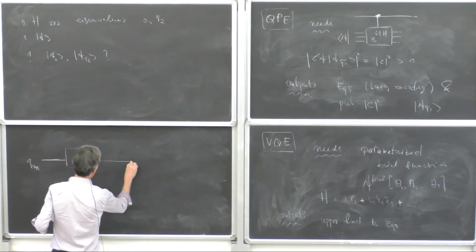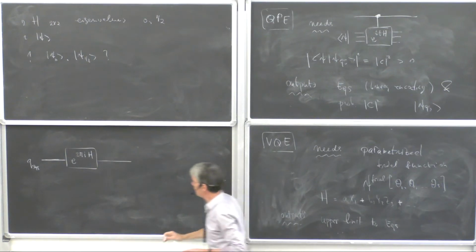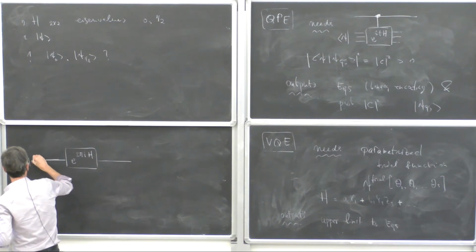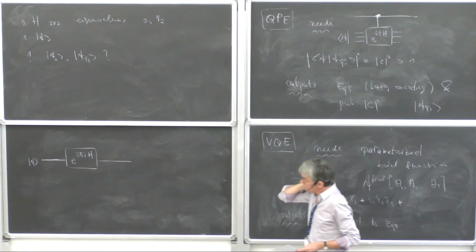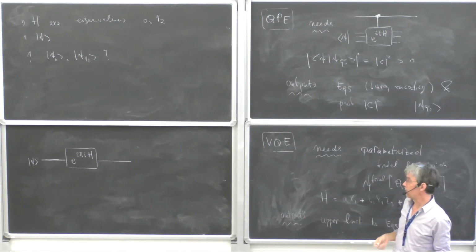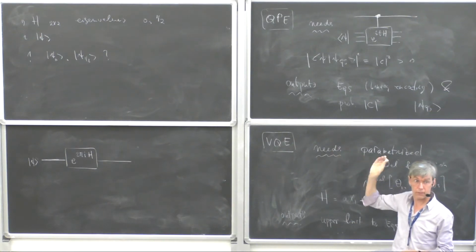And so what I know will happen, if you look at my two eigenvalues, is this. Somebody gave me psi, so I have it, and I can put it on this qubit line. Then you see what happens. This unitary gate will be trivial if psi was the psi 0 choice, because then H is 0 and nothing happens.